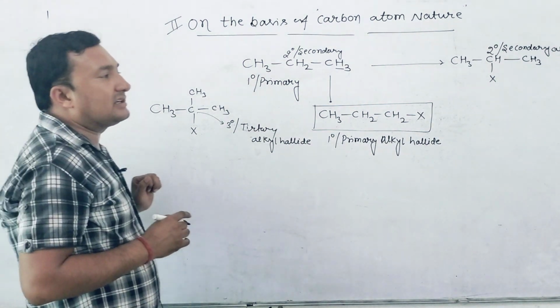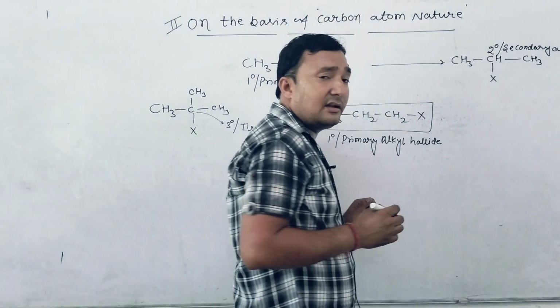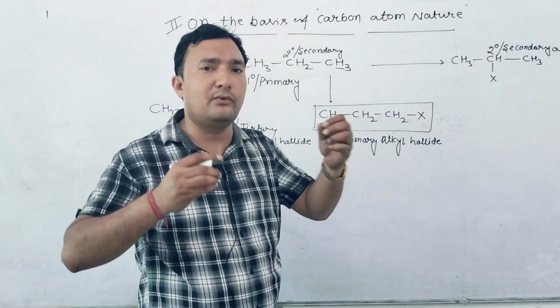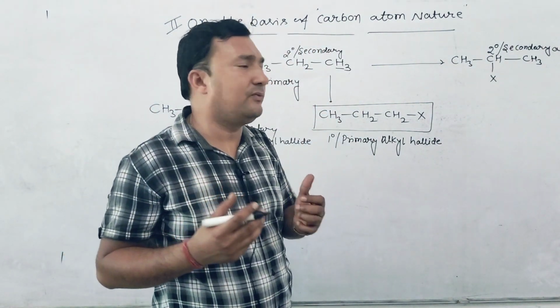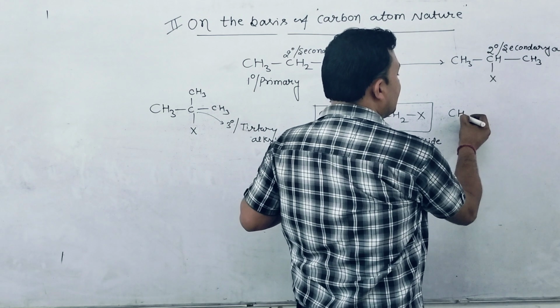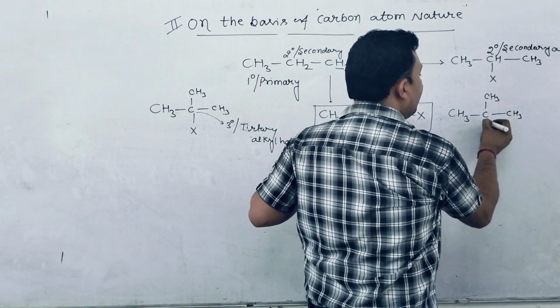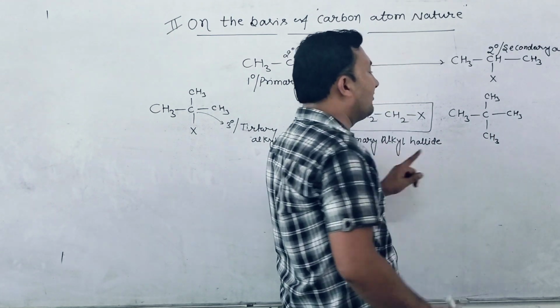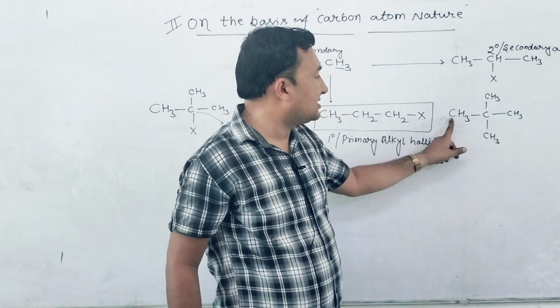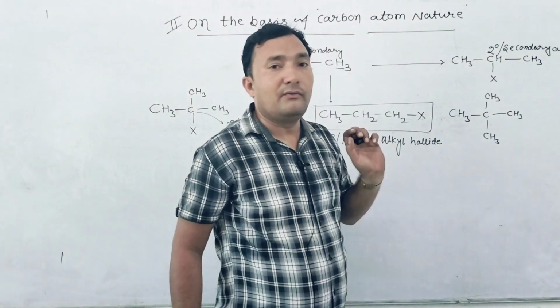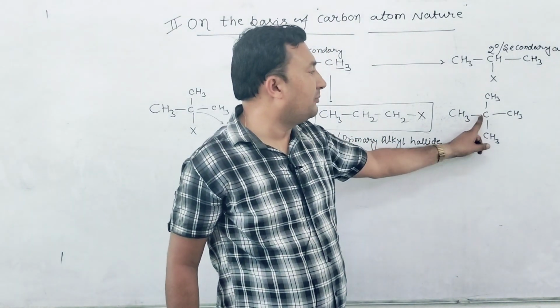When we discuss about the quaternary carbon, it will be the carbon which is attached to four different carbon atoms, like this one: CH3, CH3, CH3, and CH3. If you are watching the middle one, this carbon is attached by this one, this one, this one, and this one. Four carbons are directly attached to the middle carbon.